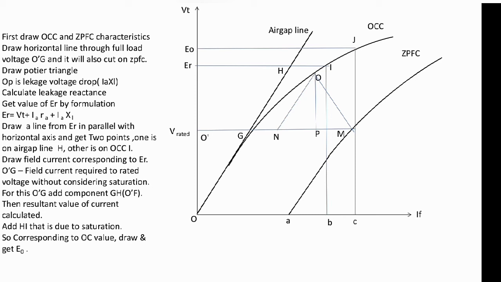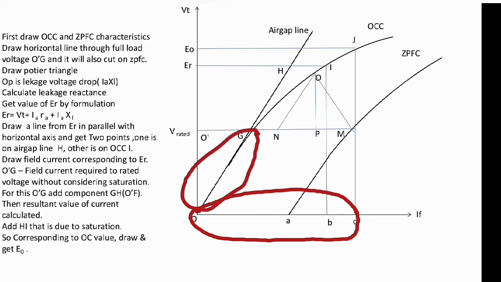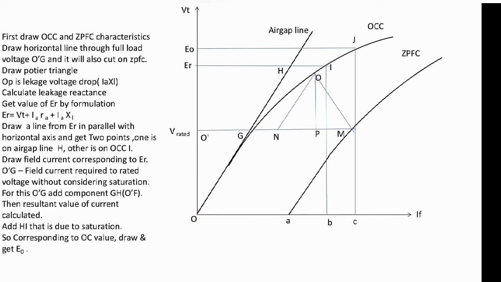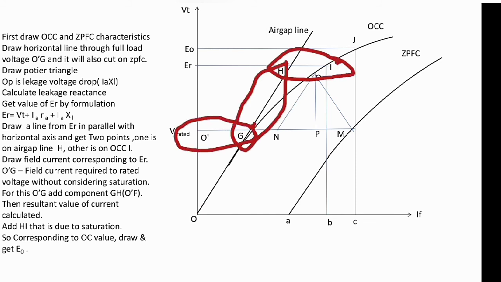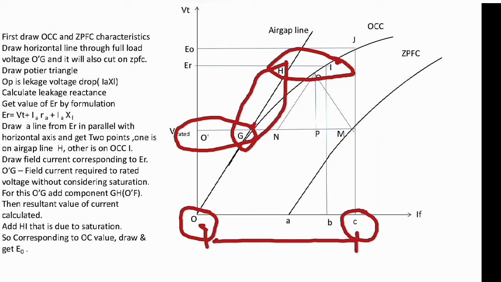Here you see all the values from O dash to G, and then G to H, then H to I. Through these MMFs we calculate and cut this distance from O to C. Then we get this distance O to C, which is almost equal to O dash G plus GH plus HI.